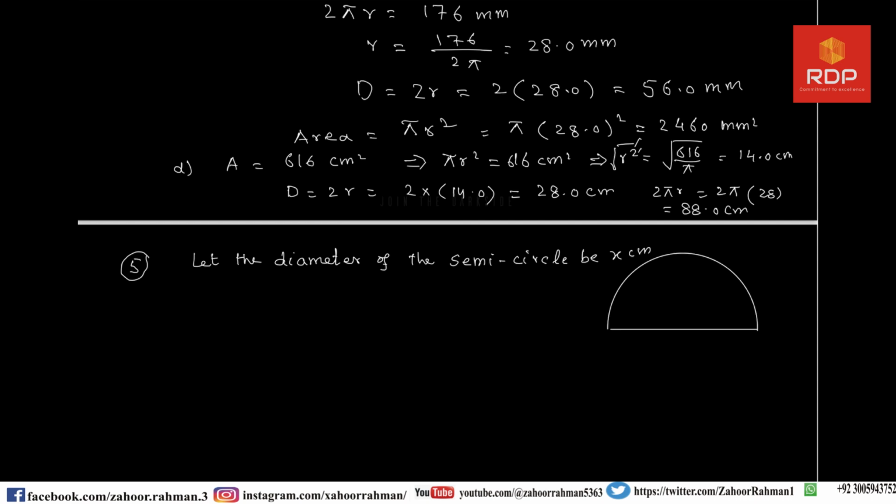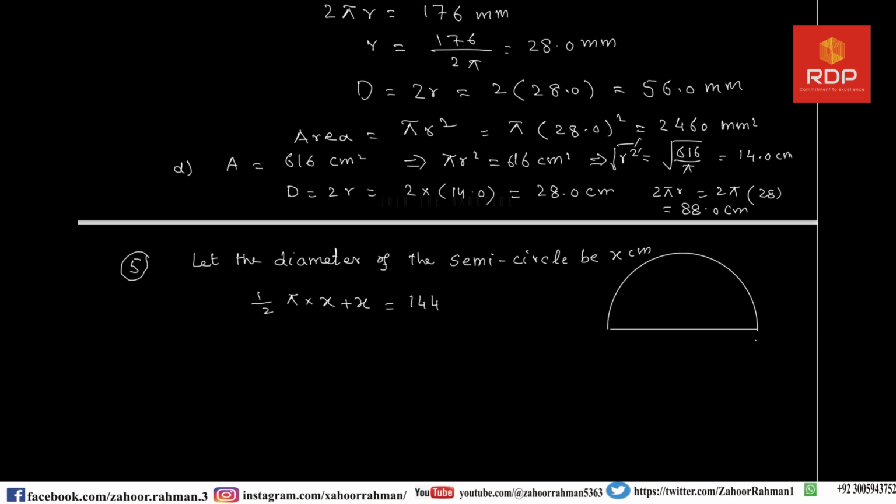So 1 over 2 pi into x plus x is equal to 144. So 1x plus x is the diameter.